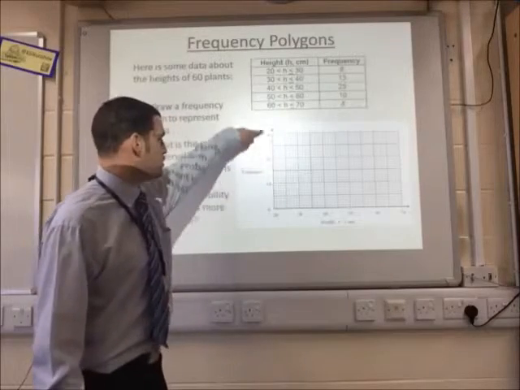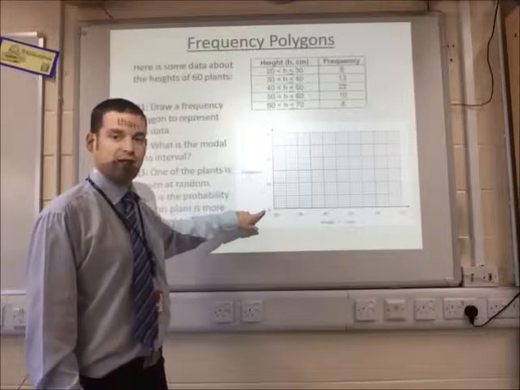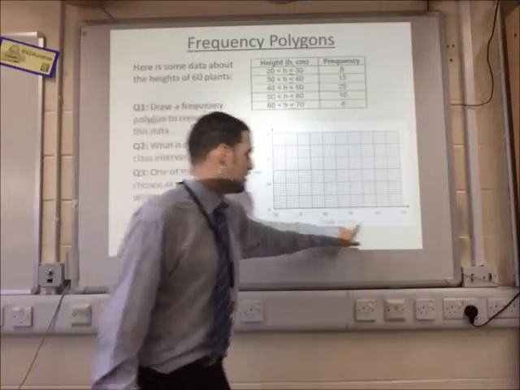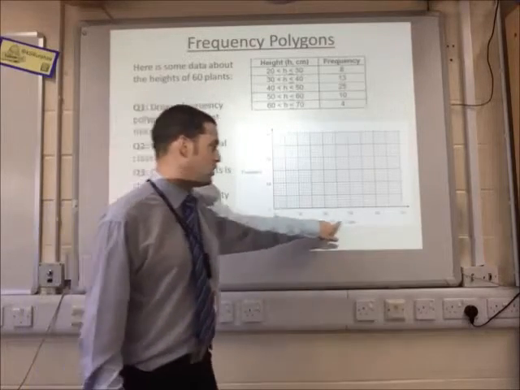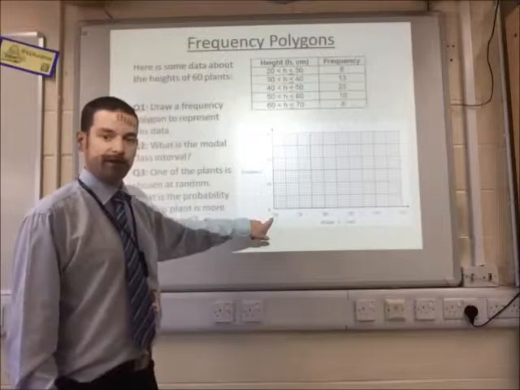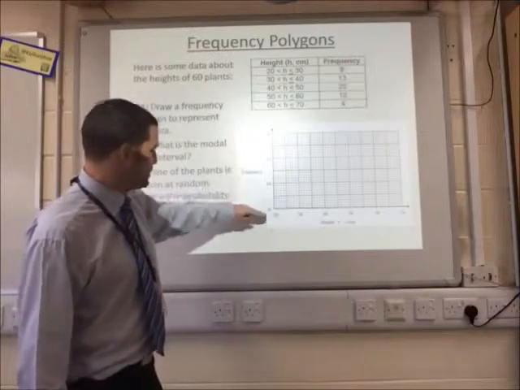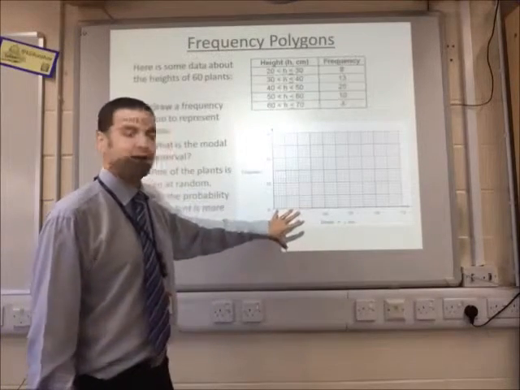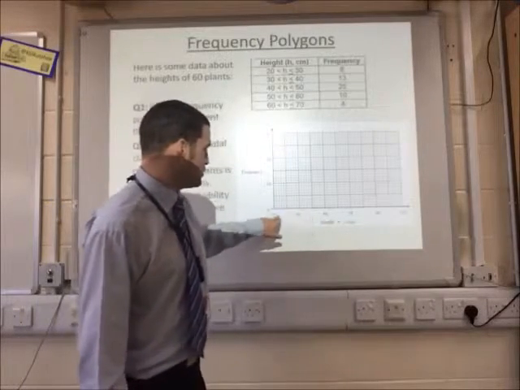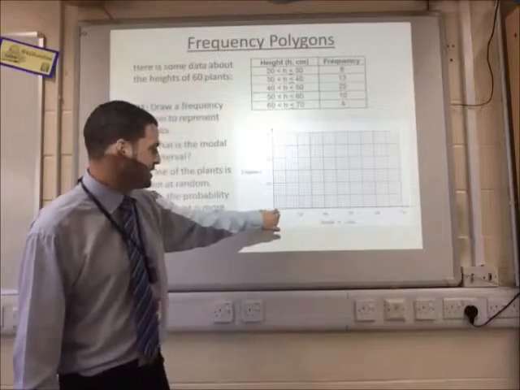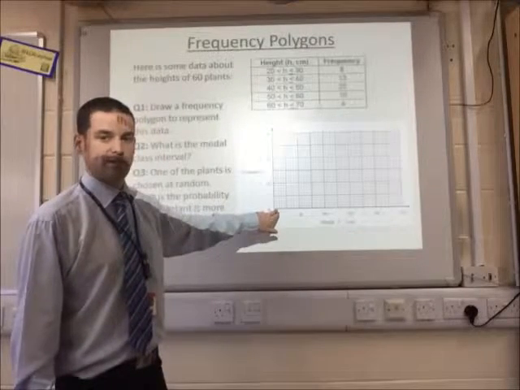The frequency should always be this vertical axis here, and then whatever the thing is that we're measuring, in this case height, that should go along the horizontal axis. So just make sure they've been labelled and that you're happy with what the scale is that's being used. So the height starts from 20 and then goes up in tens, so that one of these tiny little squares is worth 1 centimetre of height.